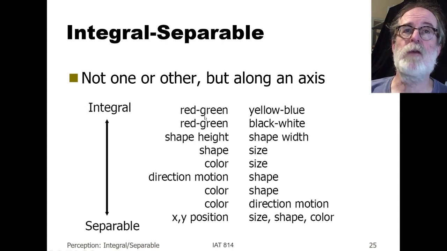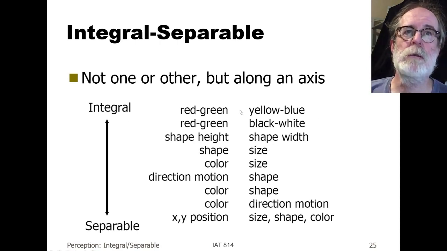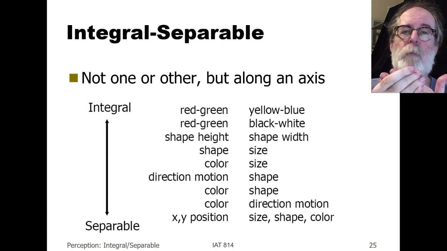So the classic suite of integral things is if you try to mix, say, a value by picking off a line in the CIE diagram or just turning a knob on red to green, and you mix that with some other color that is yellow mixed with blue, and you just add those two colors together to get some composite color, those things end up being viewed as an item of the resulting composite color.